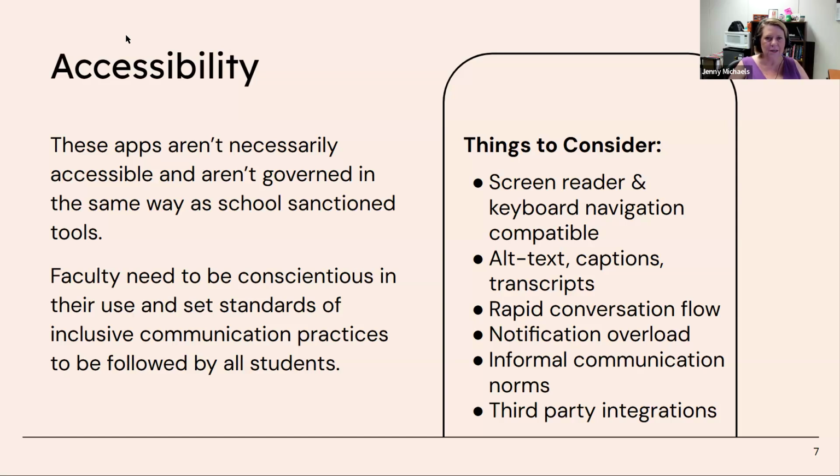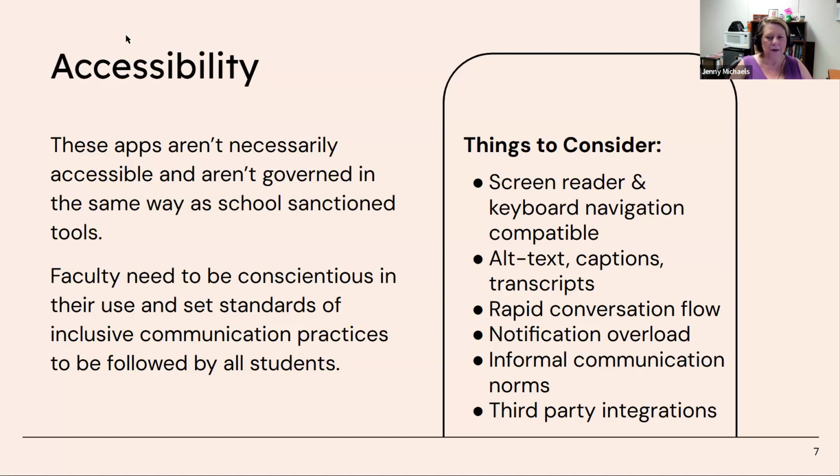I'm sharing this image and including a text description of the image, and then encouraging your students to do the same. I think that's actually a great way to be inclusive and model inclusivity, but it's something to be aware of. Other things to consider: if you get rapid conversation flow, with notifications coming through nonstop, that notification overload can be overwhelming for some people.